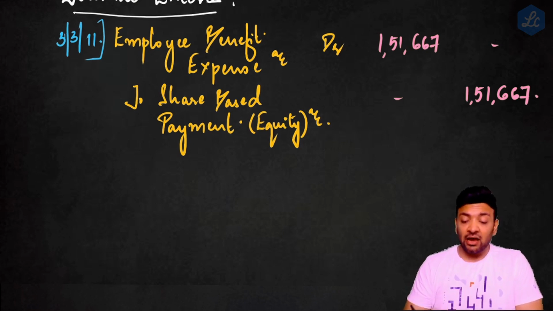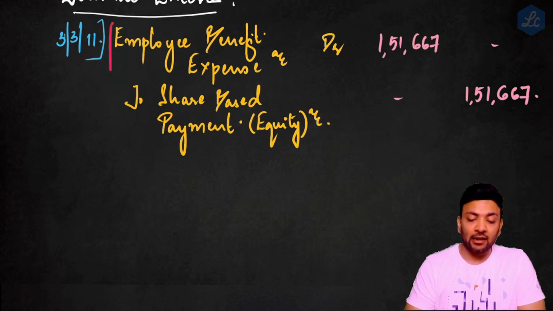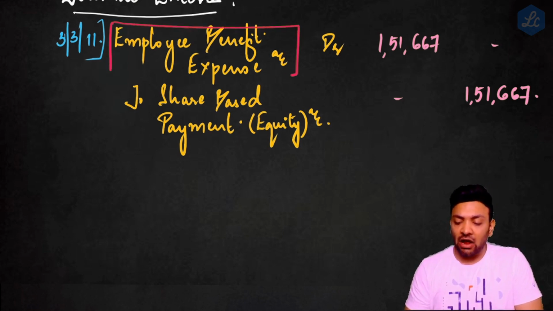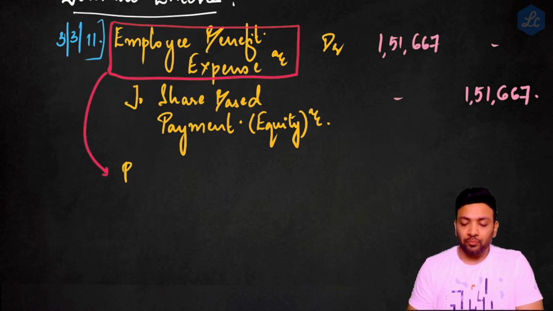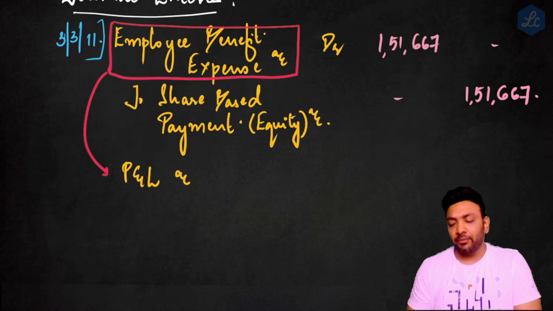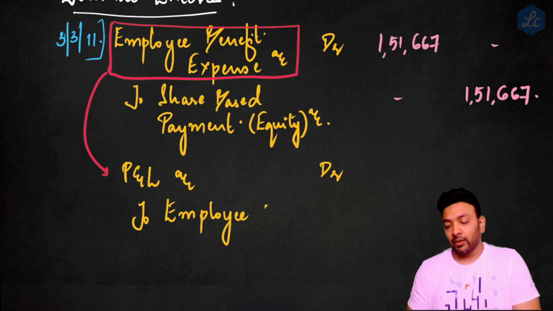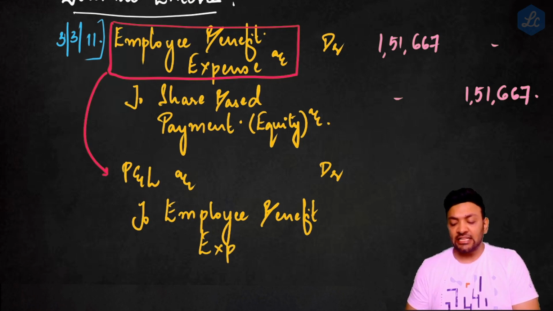At the end of the year, this employee benefit expense has to be transferred to P&L. This is a perfect nominal account. So transfer it to P&L. P&L account debit to employee benefit expense. Guys, these two entries will be repeated for 3 years with the changing amounts.